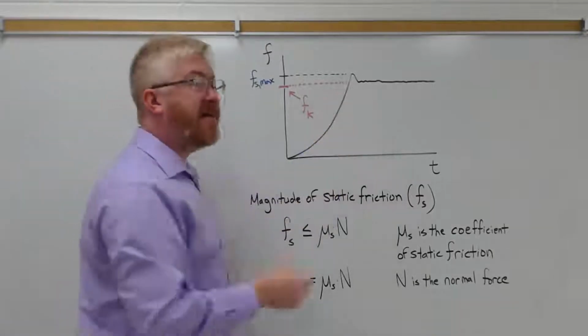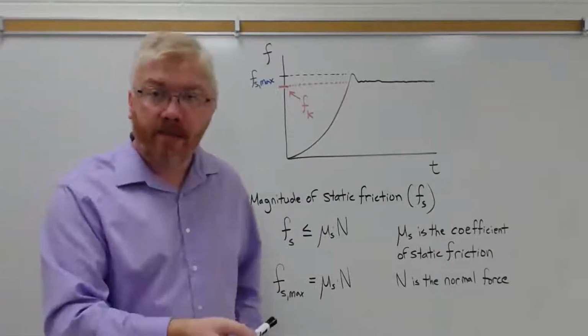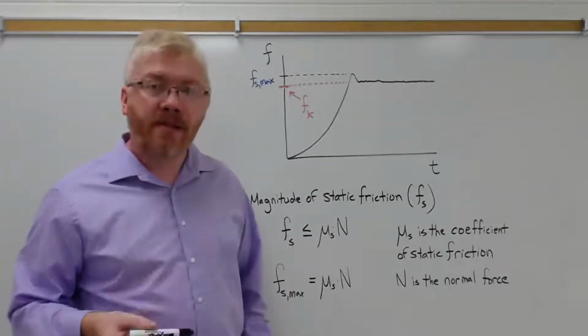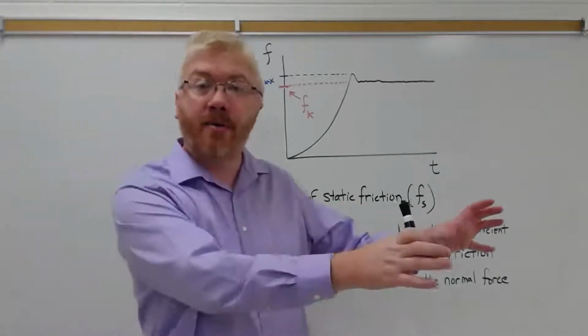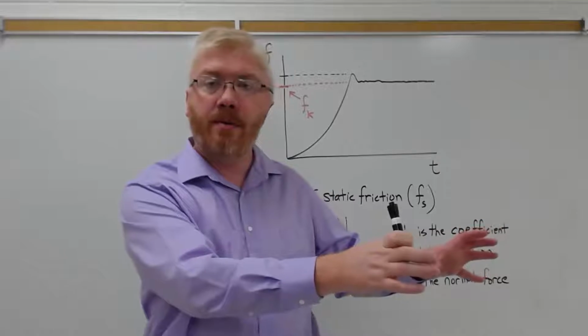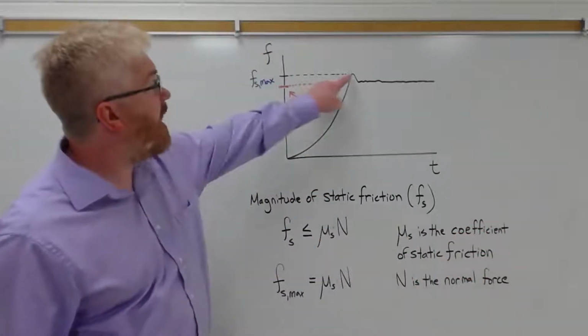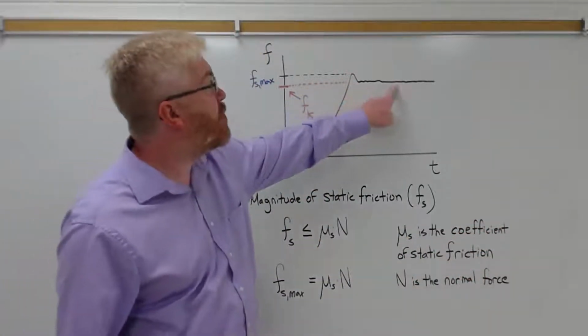Now, after that box starts moving, if you've ever pushed a heavy box, you notice that once it starts sliding, it's actually easier to push. So what happens is the static friction drops a bit and then remains roughly constant.